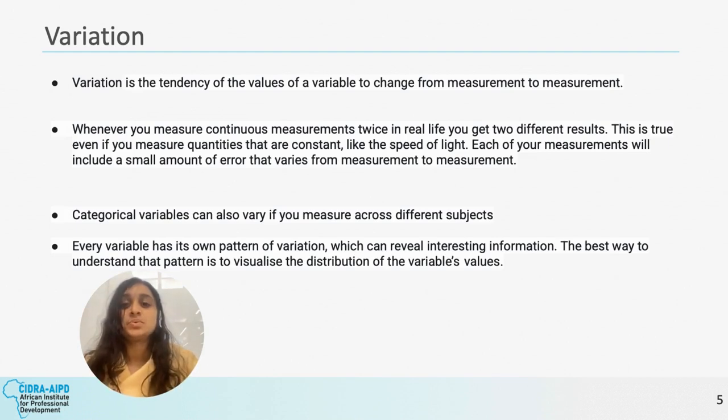Each of your measurements will include a small amount of error that varies from measurement to measurement. Categorical variables can also vary if you measure them across different subjects. Each variable has its own pattern of variation, which can reveal interesting information. The best way to understand the pattern is to visualize the distribution of the variable's values.